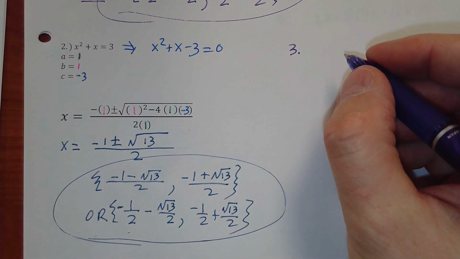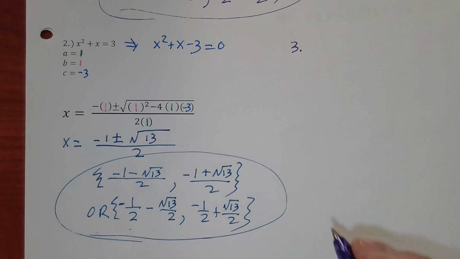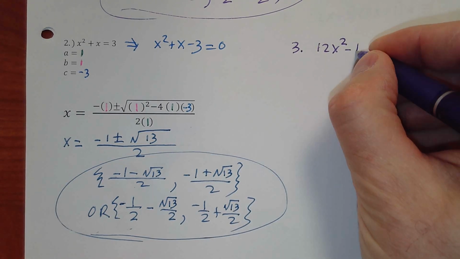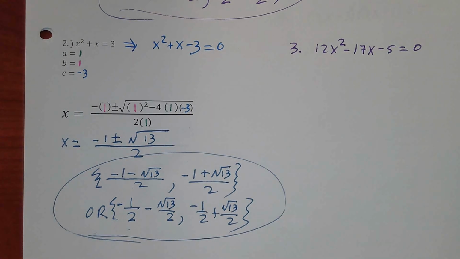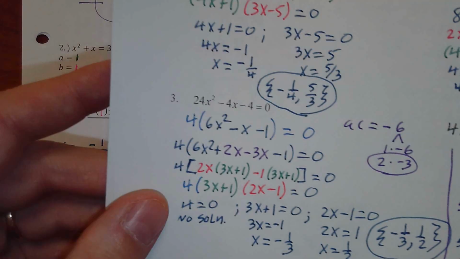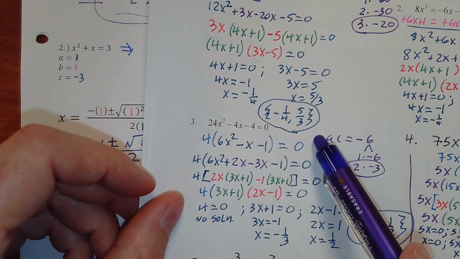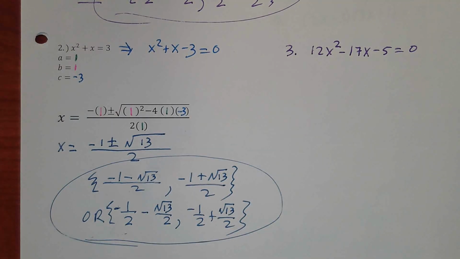We had 12x squared minus 17x minus 5 equals 0. This was back on page 46. We'd gone through, factored, and got our solutions. So here's an alternative way I could go: let's see what happens when we use the quadratic formula.